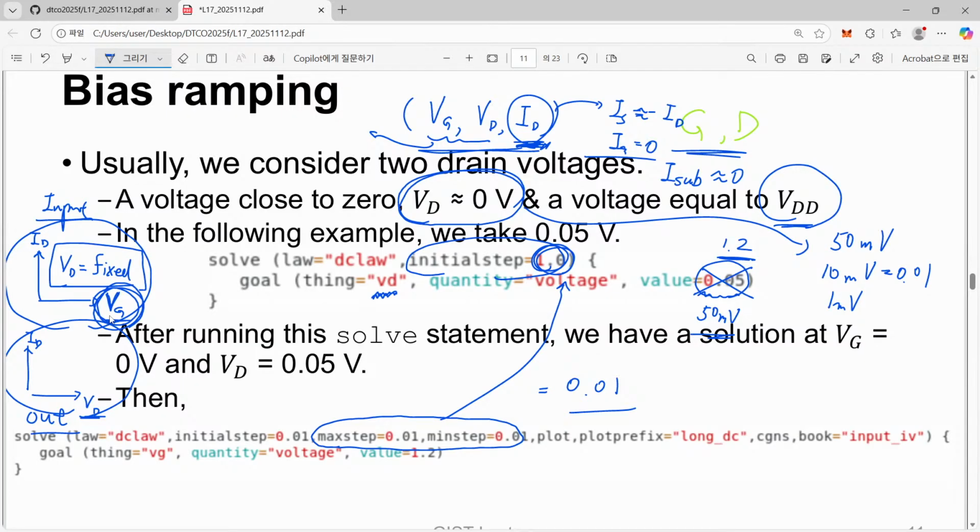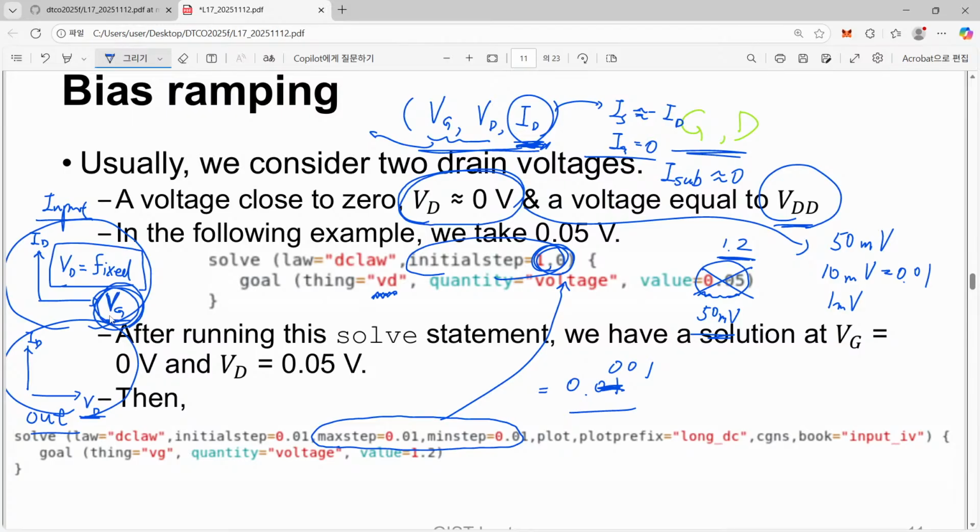Well, you are happy, but to be sure, you wanted to introduce 0.001. Then what will happen? Yes, once again, you will have the converged solution, but you have to wait 10 times longer because your simulator will introduce 10 times more intermediate bias points to calculate your target voltage solution.